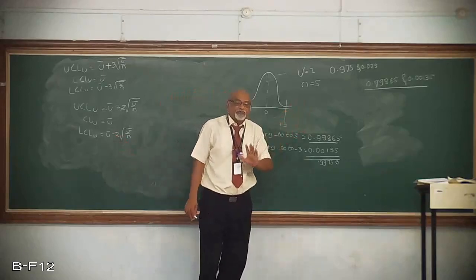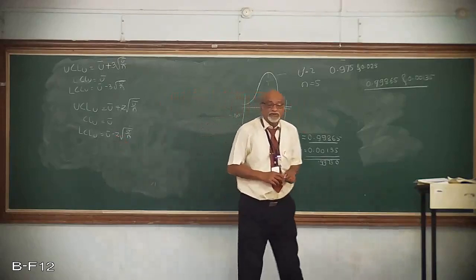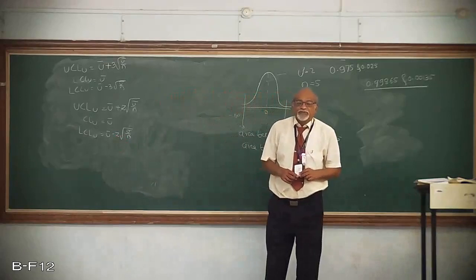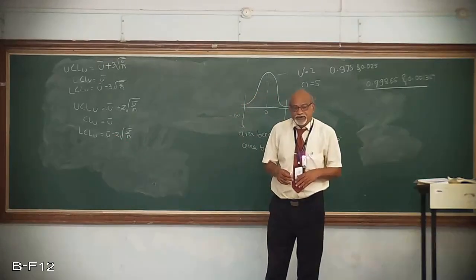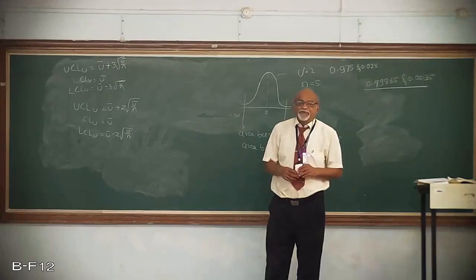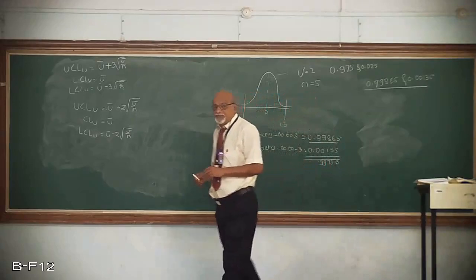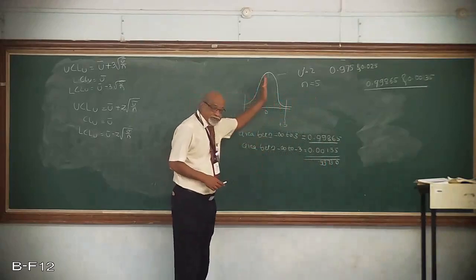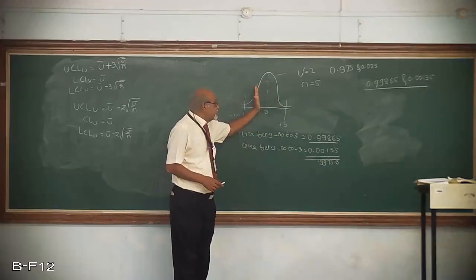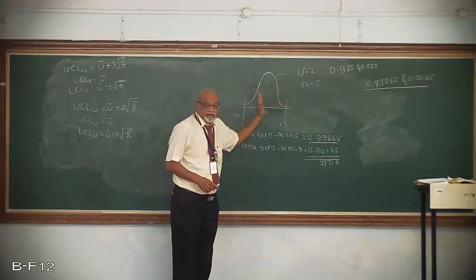So we need to find out only the value of Z. If the Z value is found, it works out correspondingly the same, because since it follows the normal distribution, it is bell shaped and equally distributed on either side.